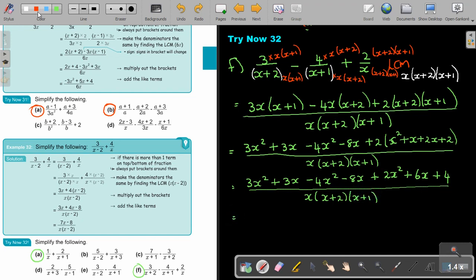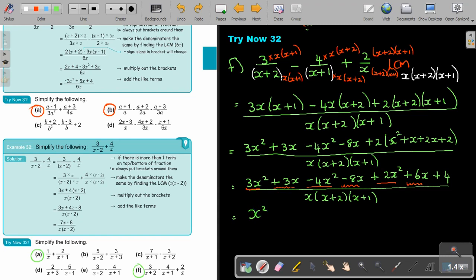So in this case, okay, like terms. So this is 3 minus 4, so it's negative 1 plus 2, so it's just going to be x squared.